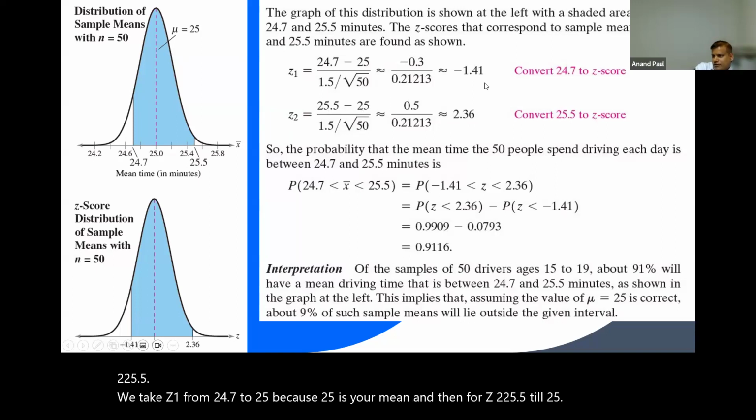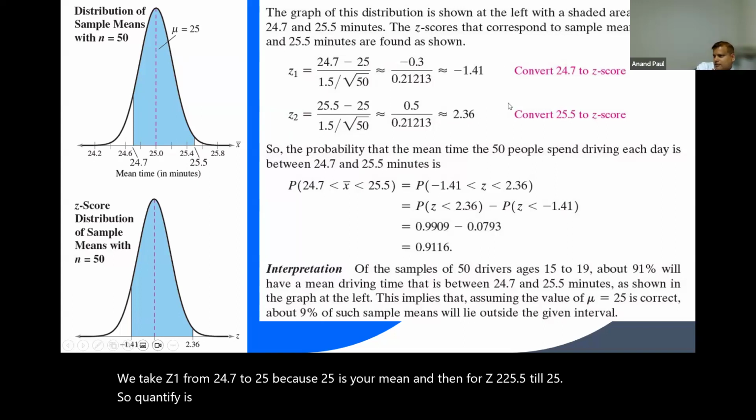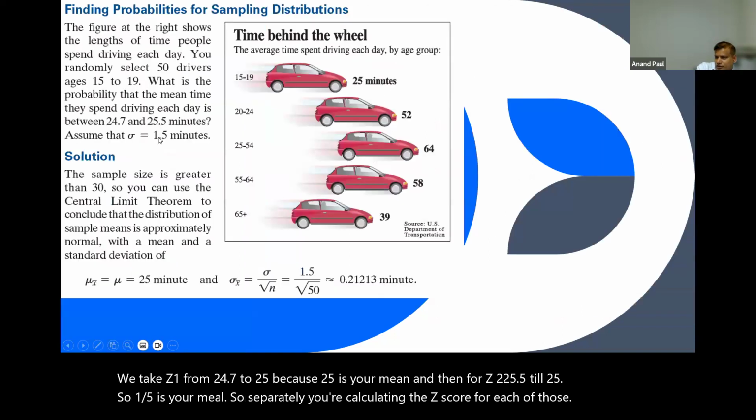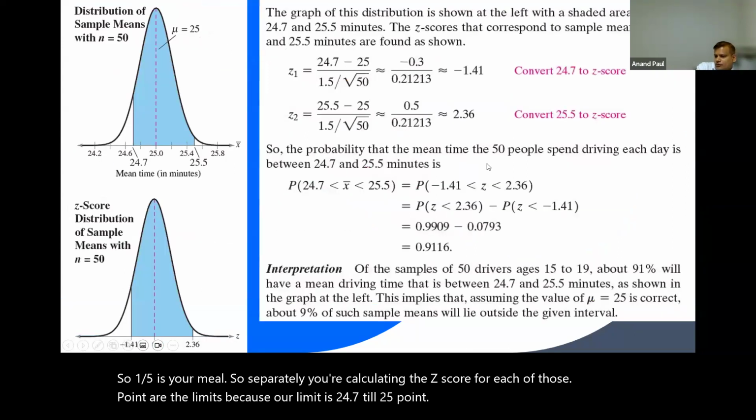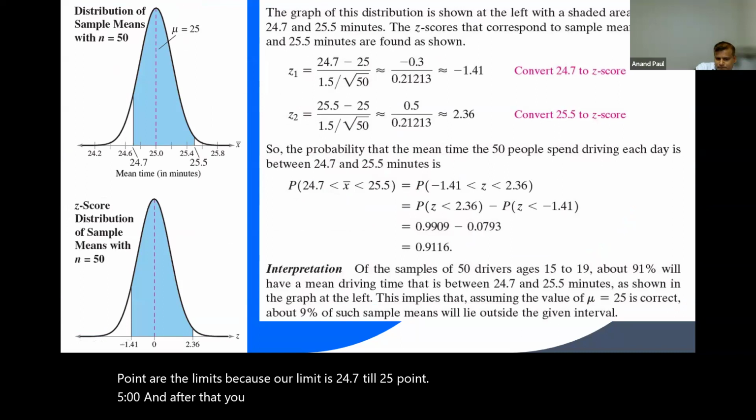So 25 is your mean. Separately, you are calculating the Z-score for each of those points or limits, because our limit is 24.7 till 25.5.